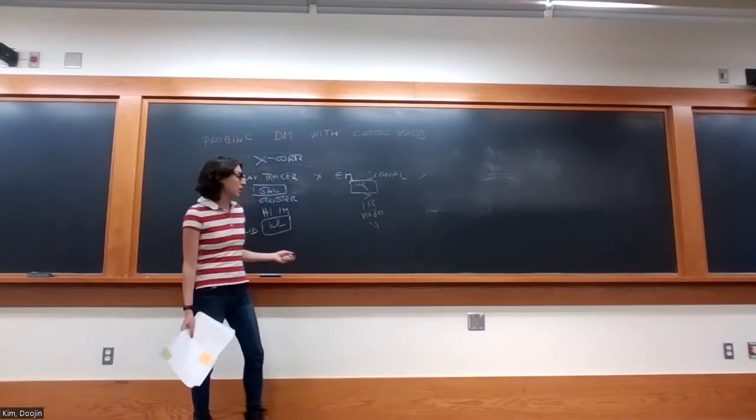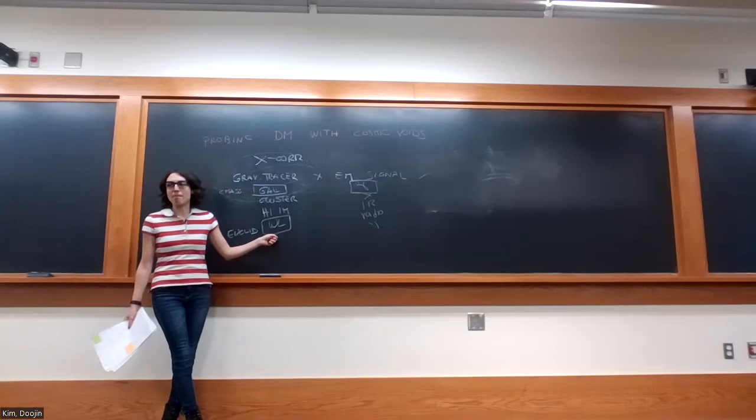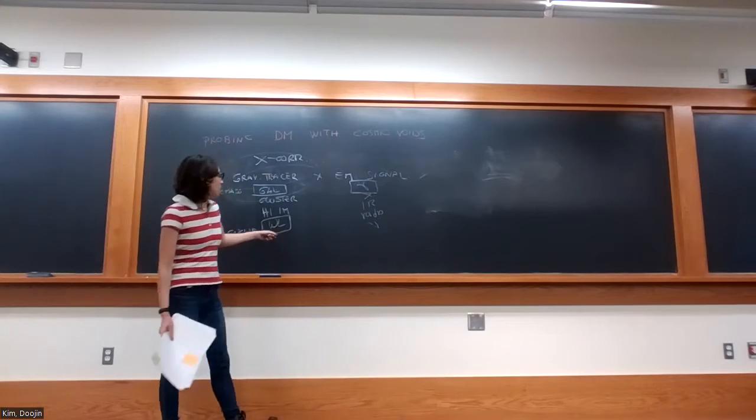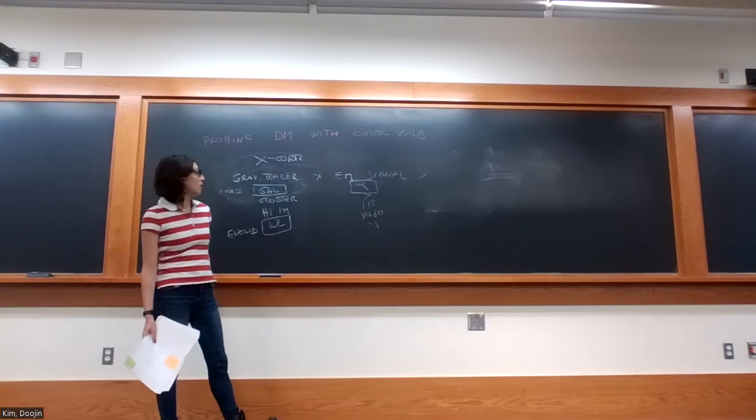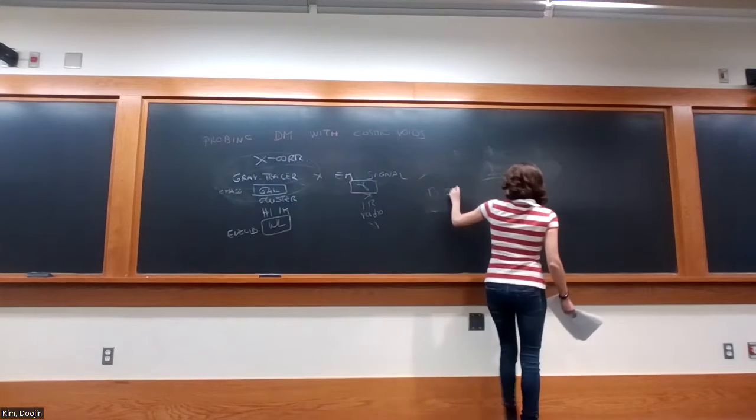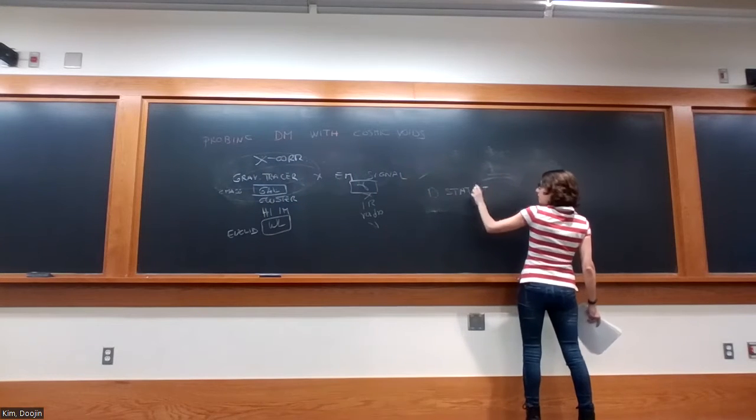This is what people in the literature say when a tracer is unbiased. But if you compare, for example, the statistics of a weak lensing catalog with galaxies and clusters, it's obviously a smaller statistic. So one difference is the statistics.